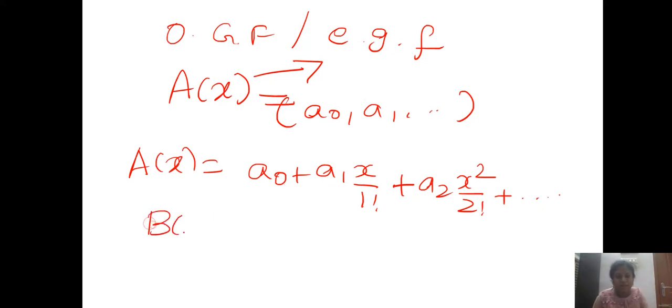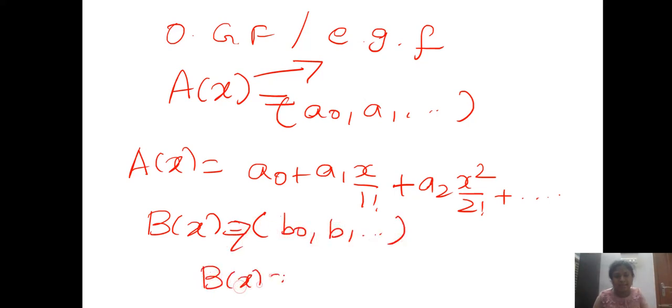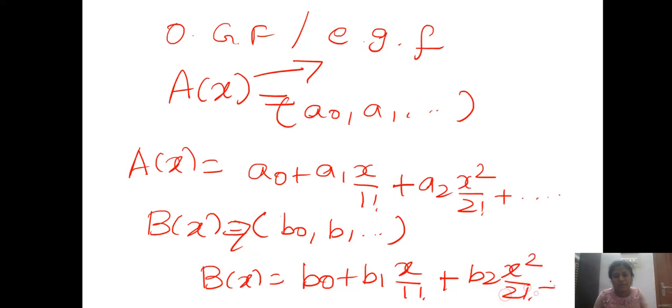And if B of x generates a sequence B0, B1 and so on, then B of x can be written as B0 plus B1 x by 1 factorial plus B2 x square by 2 factorial and so on. This is what we mean by A of x and B of x being exponential generating functions for some sequences.